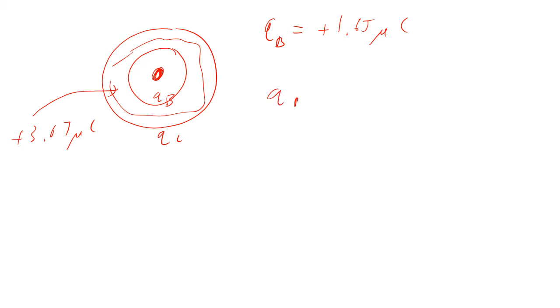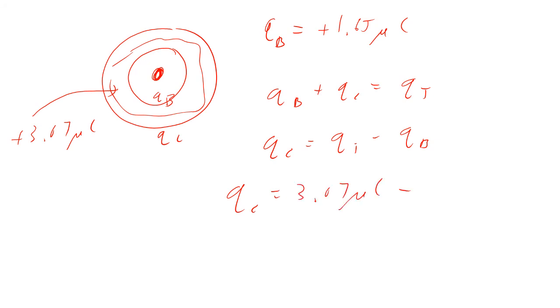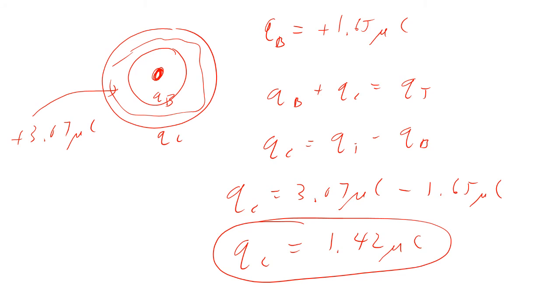Well, we know that QB plus QC is the total, so that means that QC is going to be the total minus QB. In other words, QC is going to be the 3.07 microcoulombs minus the 1.65 microcoulombs, so QC is going to be equal to 1.42 microcoulombs. So that's going to be the charge on the outside.